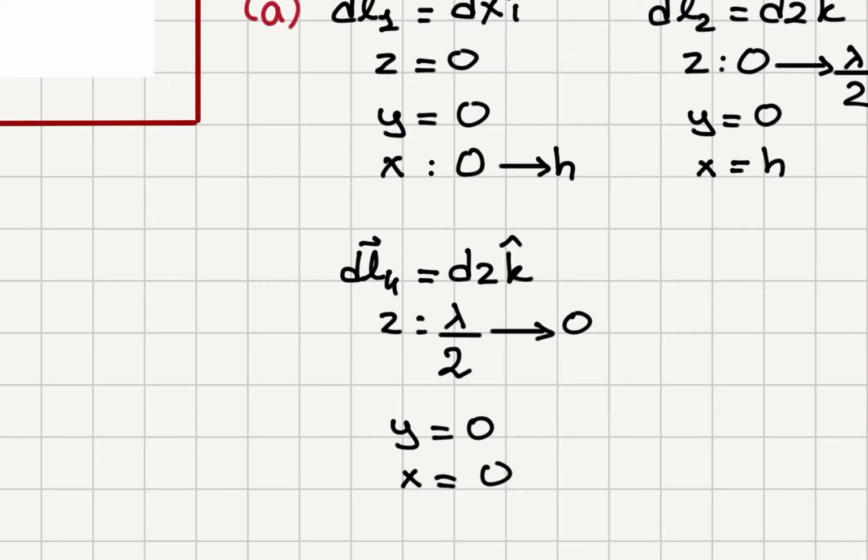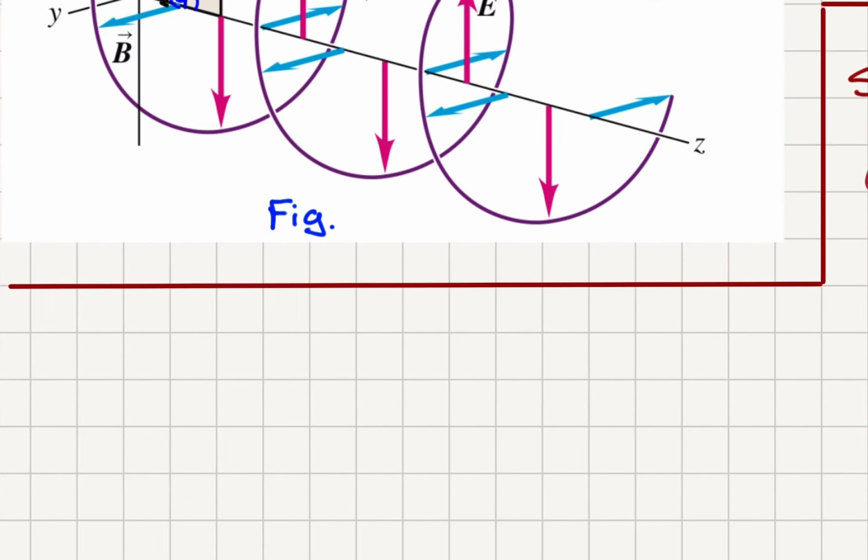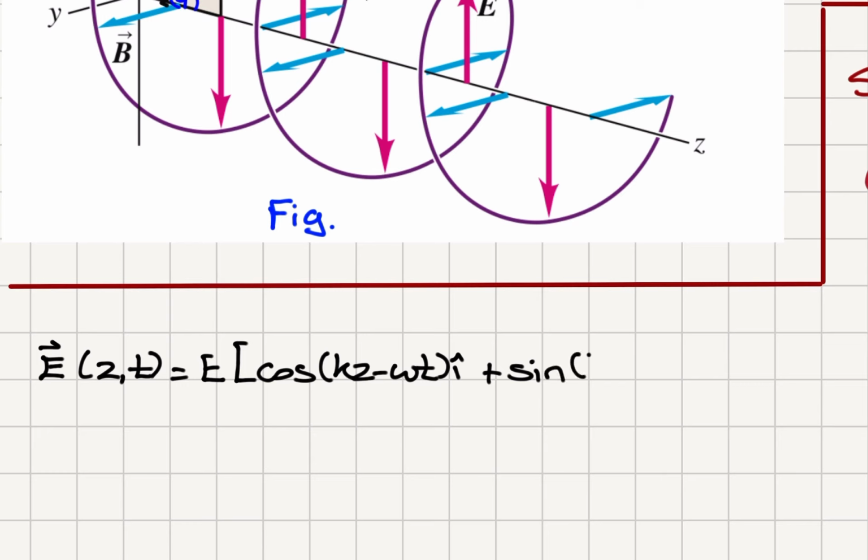And now if I write the electric field vector, the electric field as a function of z and t is given as the amplitude E cosine(kz minus omega t) i hat plus sine(kz minus omega t) j hat.